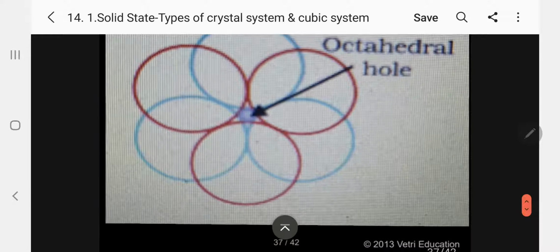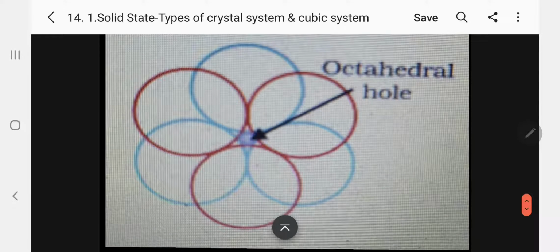The same way, what is an octahedral void? Kindly follow. Just imagine below there is a blue color, where three atoms are joining. There is a hole there. And over the hole there are again three atoms placed on that particular hole, in red color.